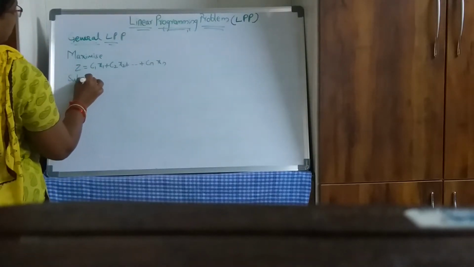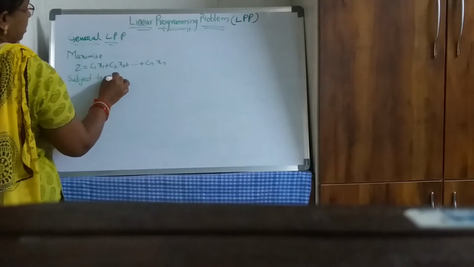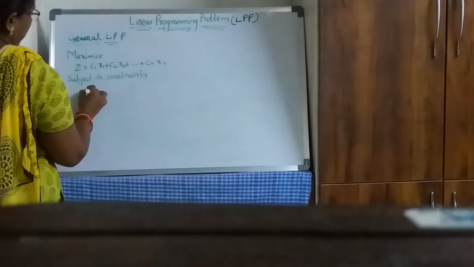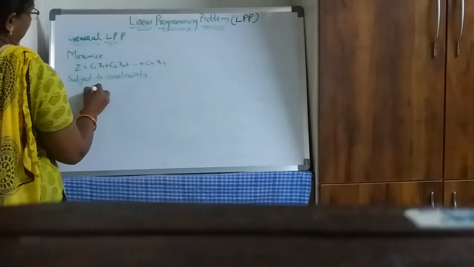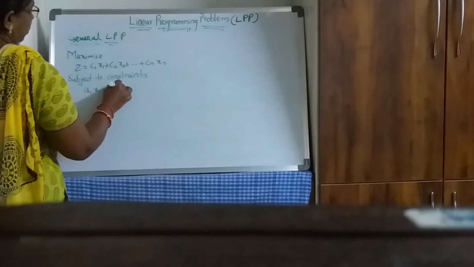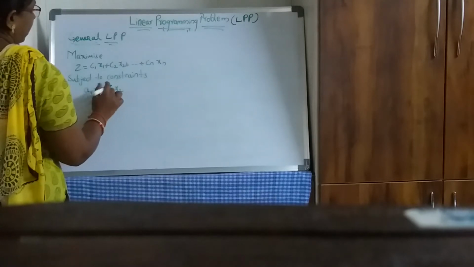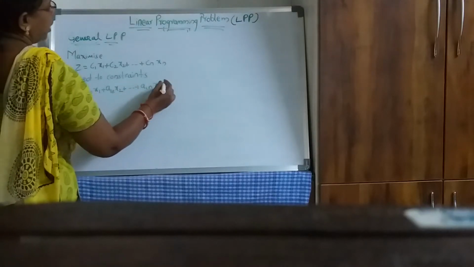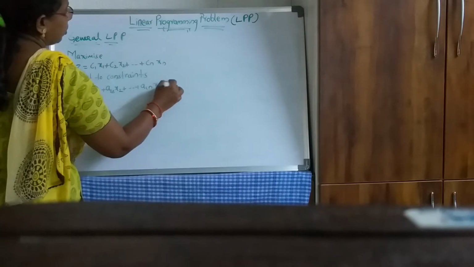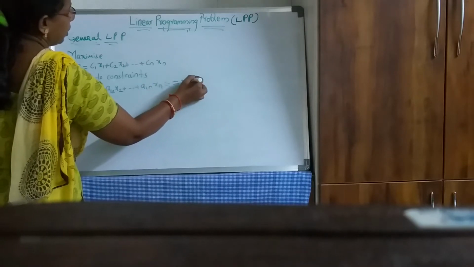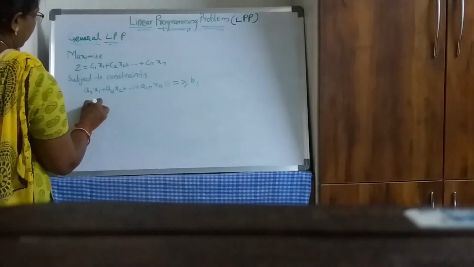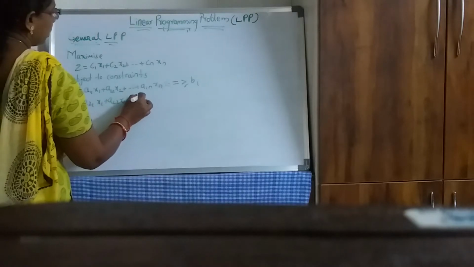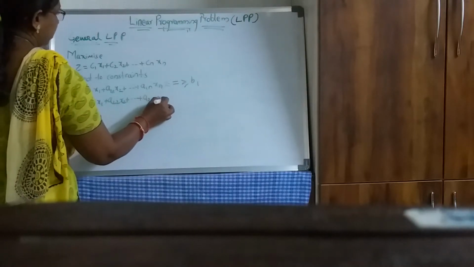Then you will have subject to constraints: a11 x1 plus a12 x2 plus so on plus a1n xn, which may be less than or equal to or greater than or equal to b1. Then you will have a21 x1 plus a22 x2 plus so on plus a2n xn.